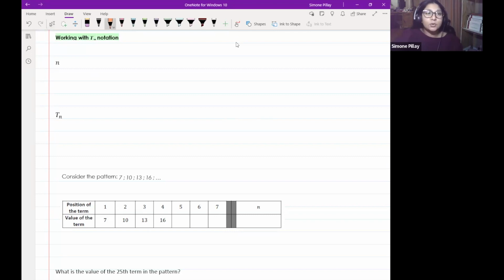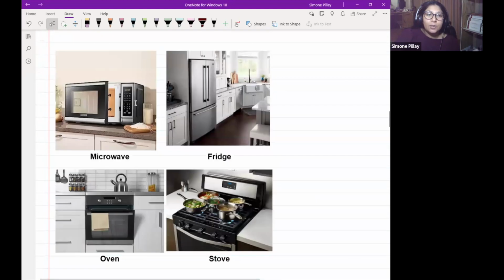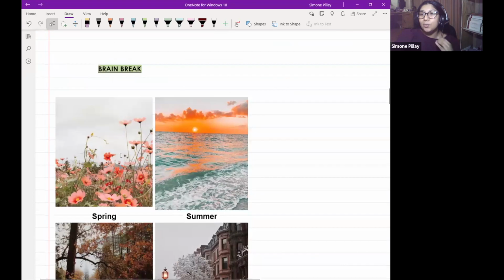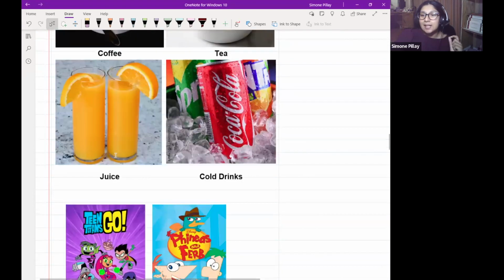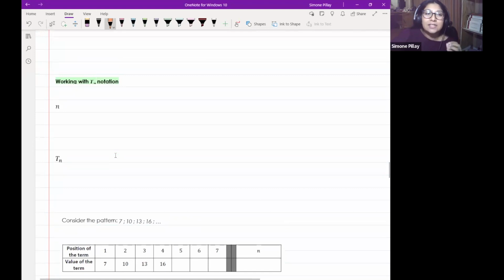So now what we've been dealing with so far is we've been calling our inputs and our outputs X and Y. Now, when we deal with number patterns specifically, we have a certain notation that we use. And what do I mean when I say notation? It's just almost like the presentation of it.